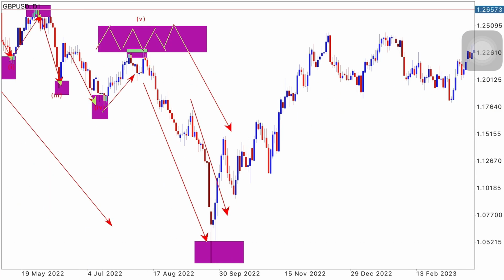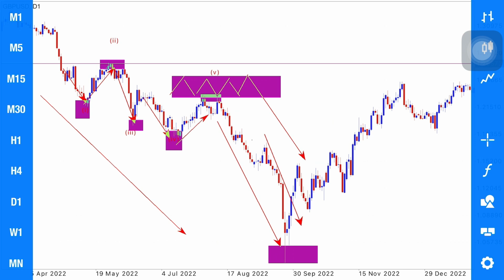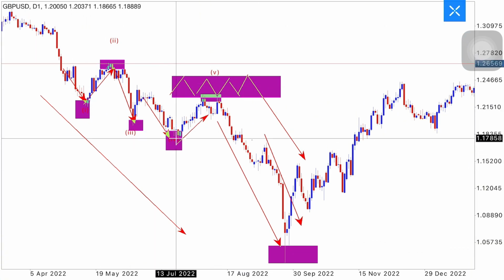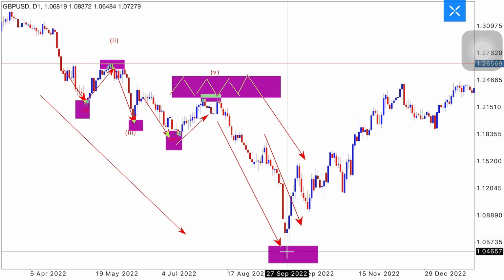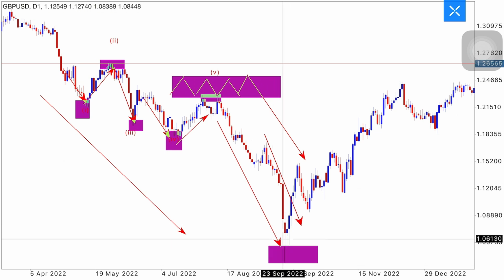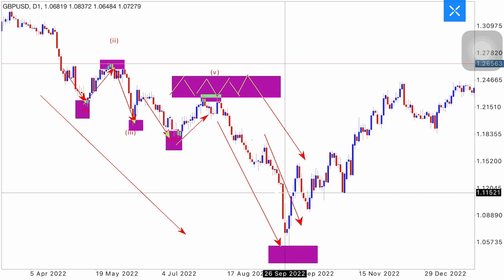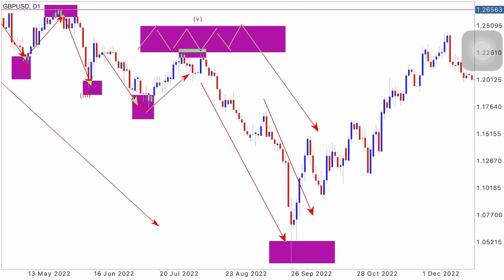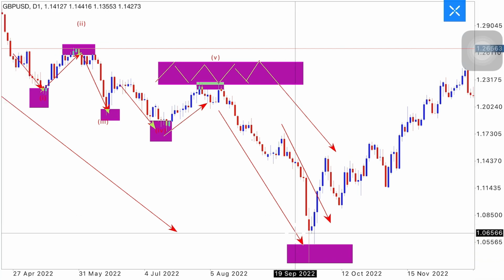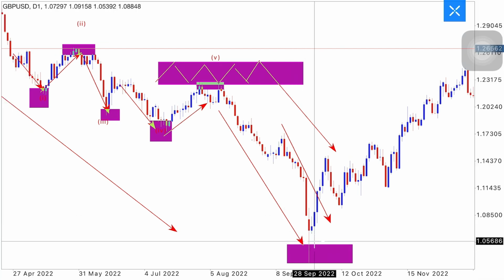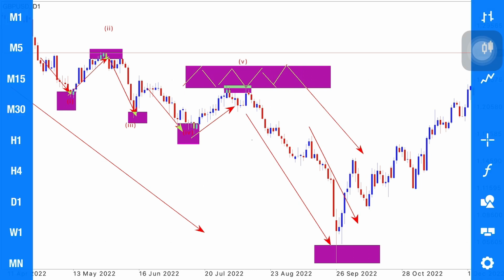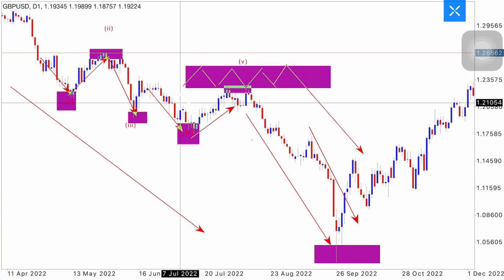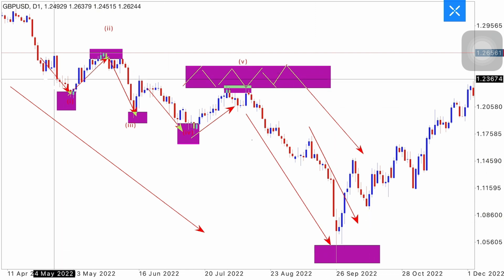So seeing that we have all this here which has been explained, we can now know why this took place. We can know why this whole move took place and why we have a change of direction at this point here. But I feel I did not mention much about this change of structure here, so let me elaborate further on why we had this. The reason we had this here is because of all this.